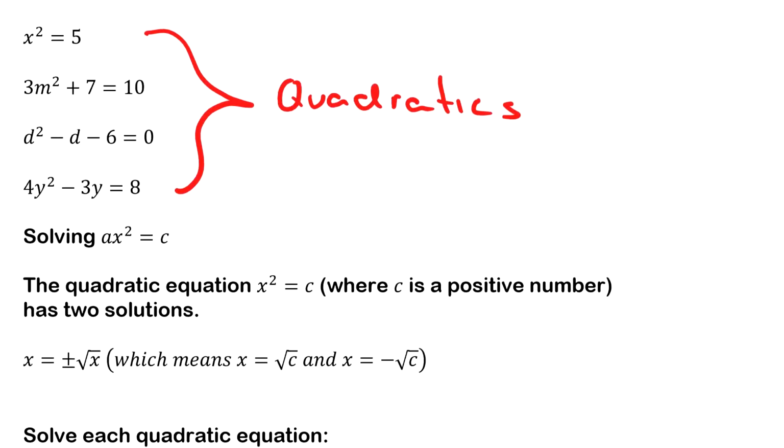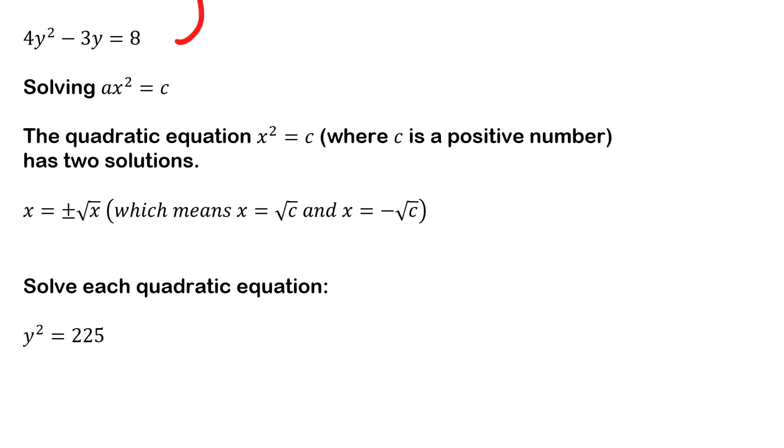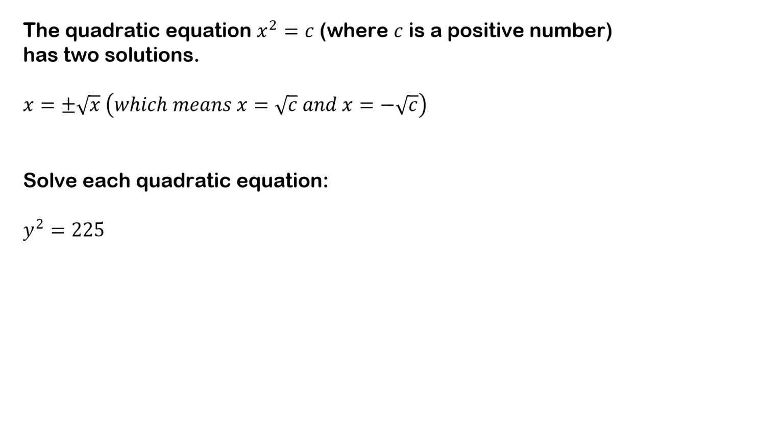So we're going to look at solving your basic form of a quadratic, the ax squared equals c. The quadratic equation x squared equals c has two solutions, and you need to take note of this very carefully. Whenever you have a solution where it involves a quadratic, you always have a positive and a negative solution.